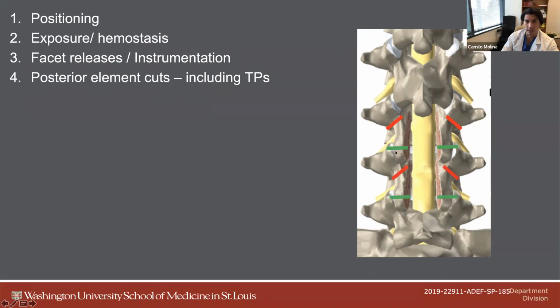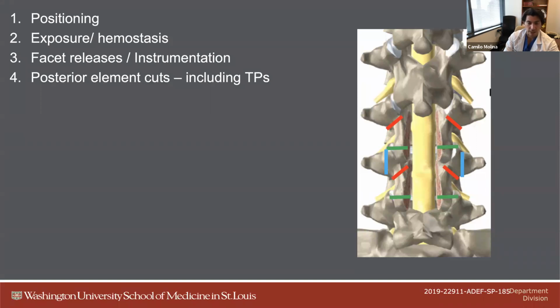Once the cuts are made, they don't always perfectly release, but I'll take a 1/4 inch or 1/2 inch osteotome and just propagate and crack that cut that I made with the ultrasonic bone scalpel, and then turn it 90 degrees, and you'll find that bone mass turns out and releases quite nicely and efficiently. Not only does it help you get through this efficiently, but B, you get to keep all that bone rather than drilling it away. So once you've done that, then I'll make my cuts across the TPs vertically.